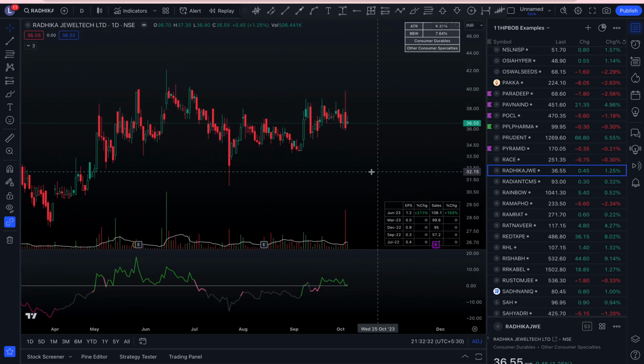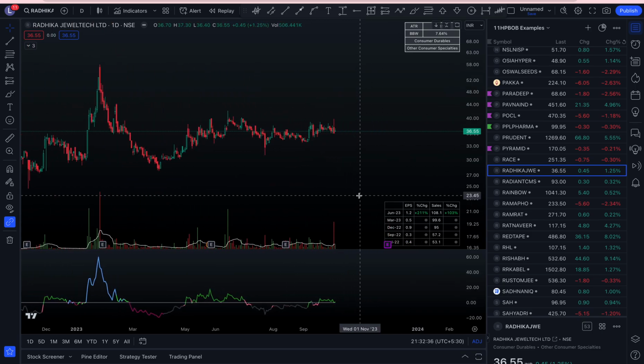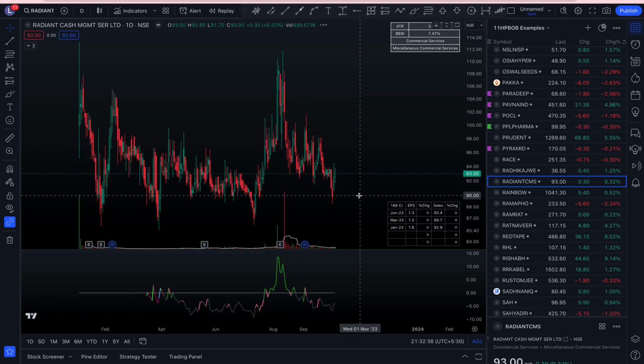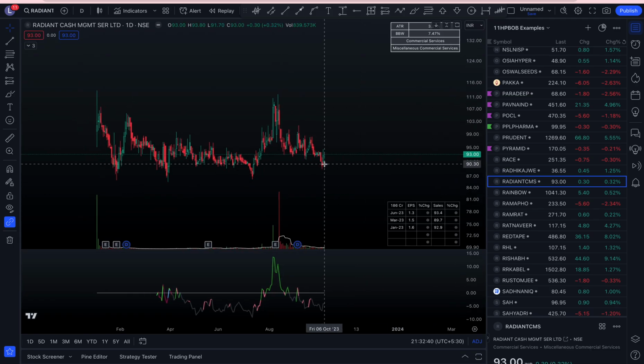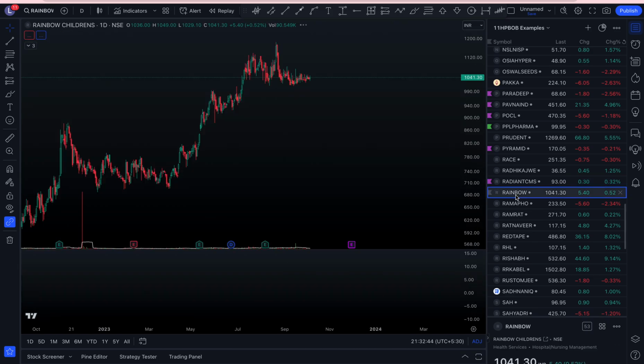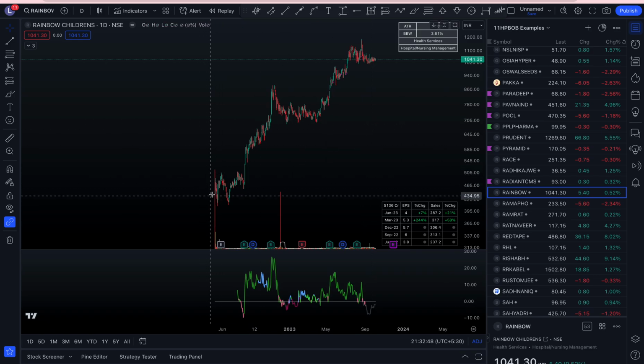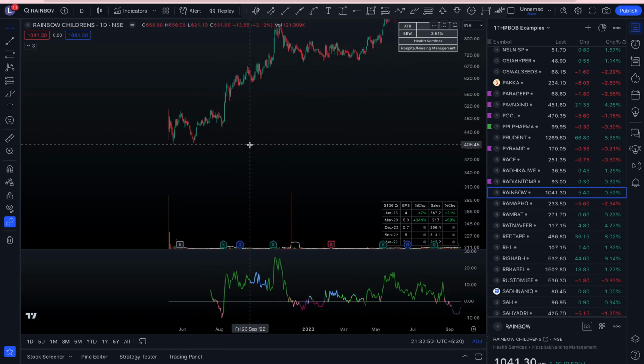There is something wrong with my TradingView. Lately, I've been trying a couple of other things after taking the premium. So this was an amazing IPO base here.